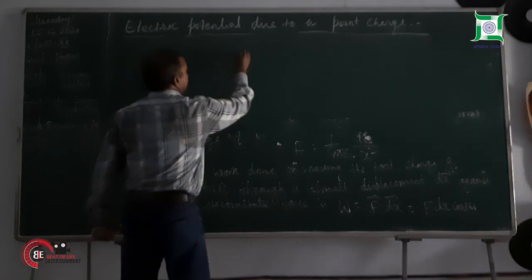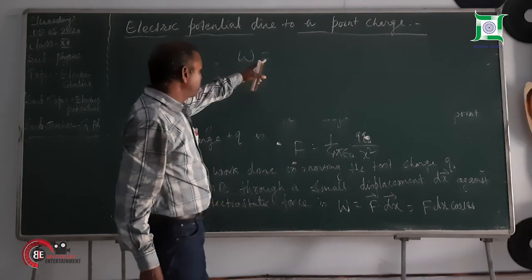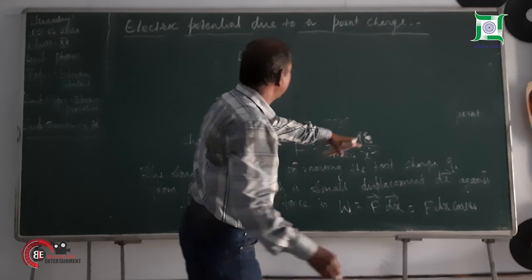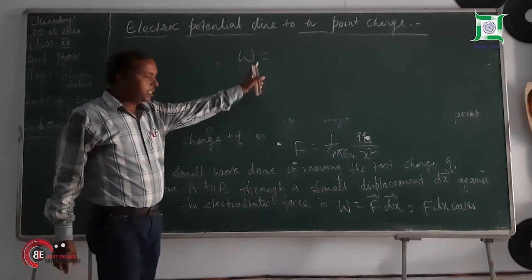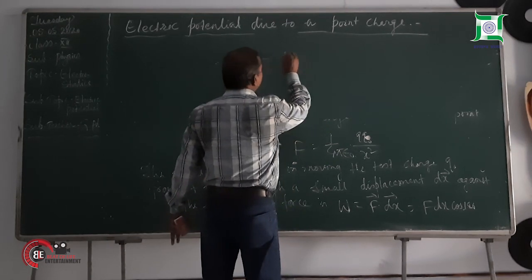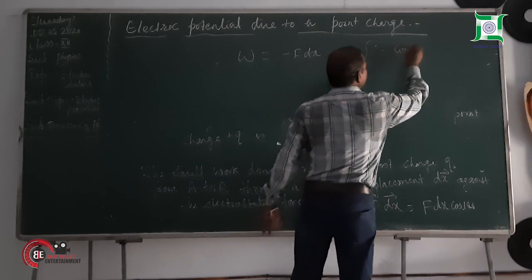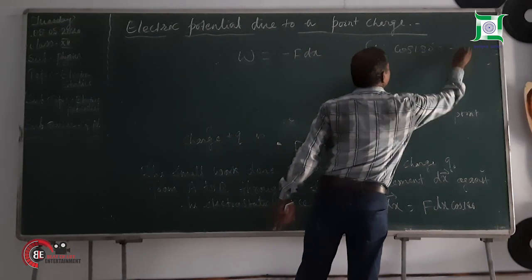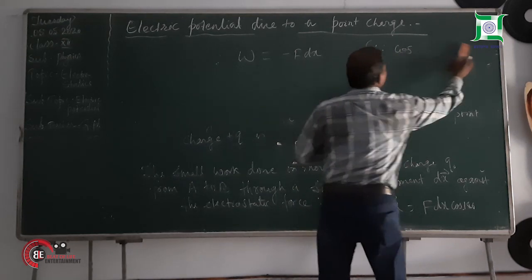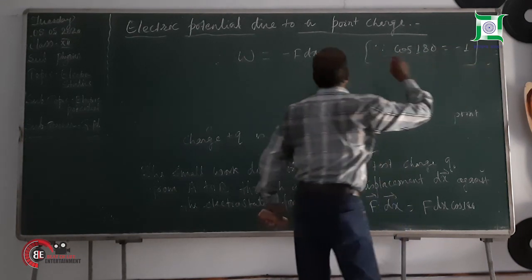So we get the small work done in moving the test charge Q naught from the point A to B is equal to minus F dx, since cos 180 degree is equal to minus 1.